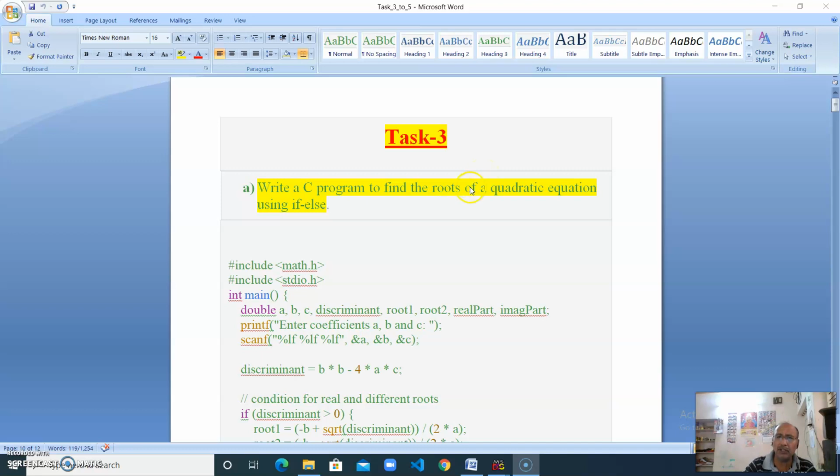To find out the roots of the quadratic equation, what exactly is a quadratic equation? ax square plus bx plus c equals 0.